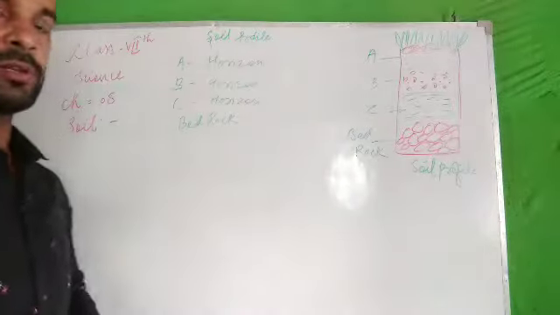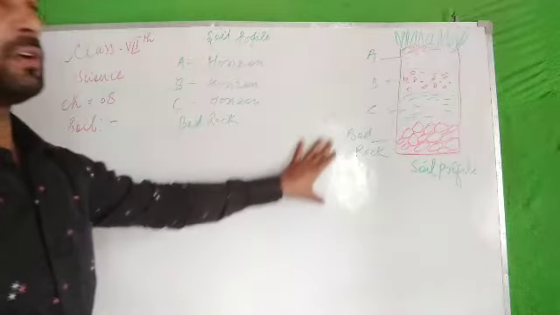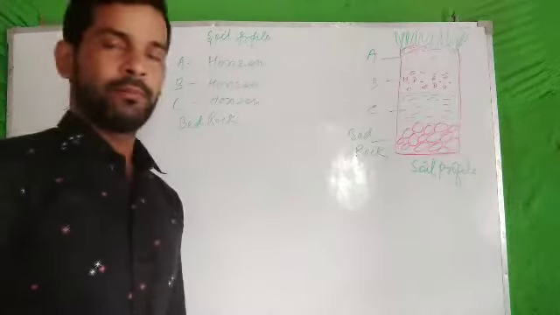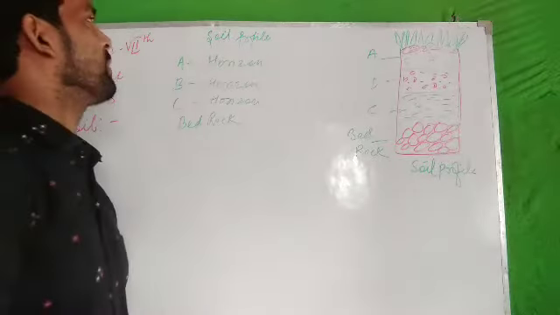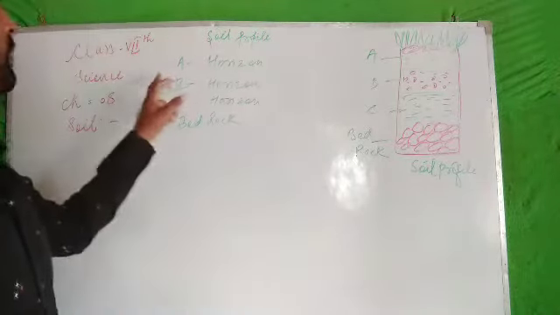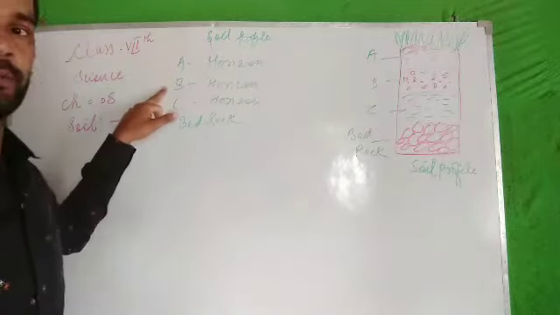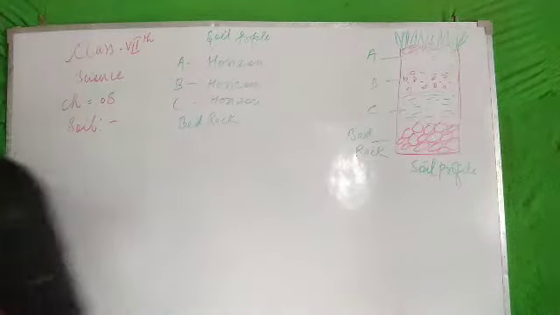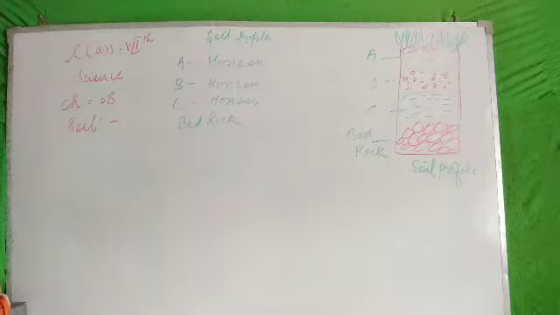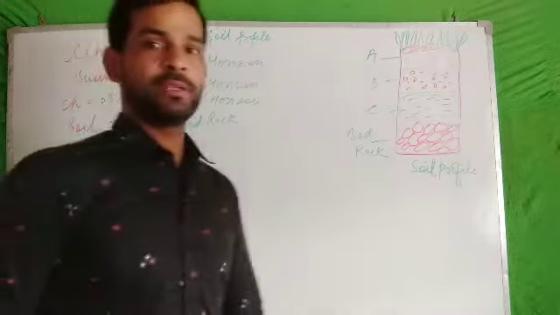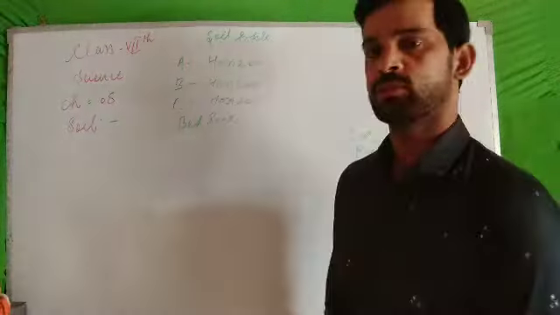This is all about the types of soil. So we'll have to define what is meant by A horizon, B horizon, C horizon and bedrock. In this way we can discuss the following types of soil.